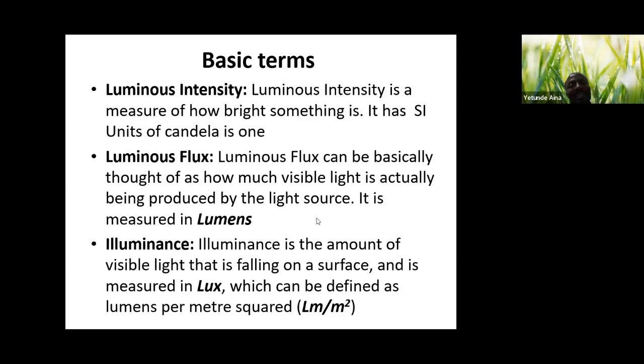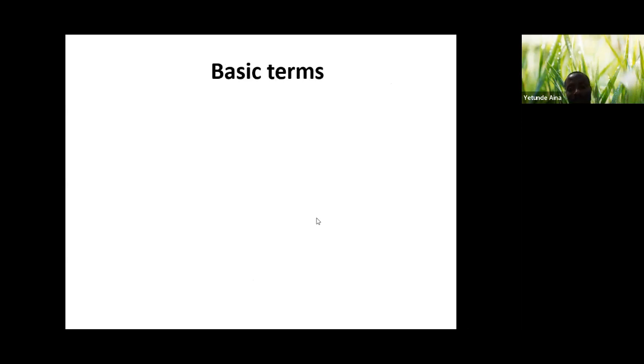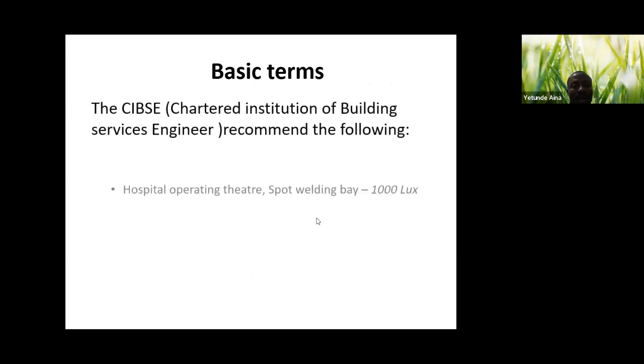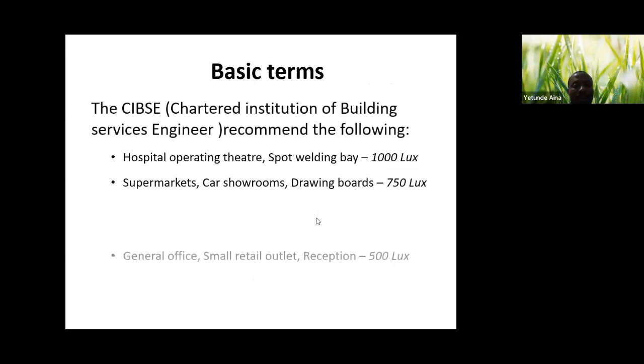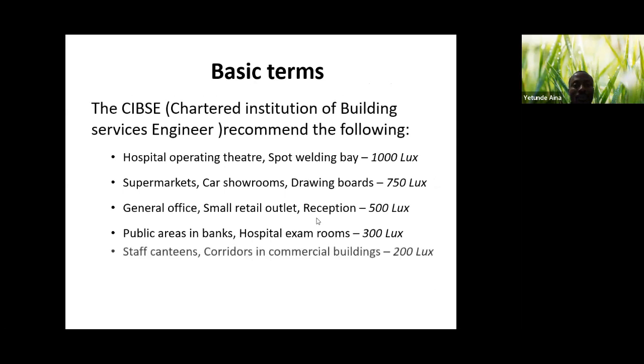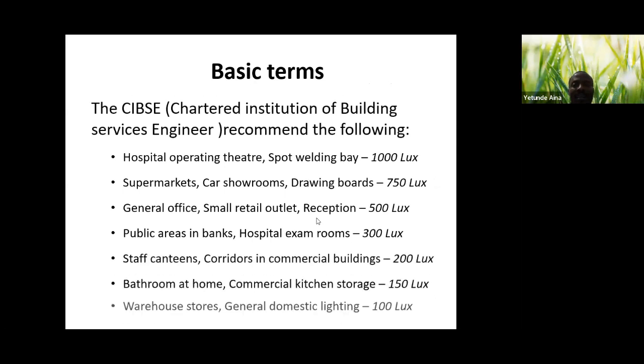Let's take a look at another important term. Here we talk about the recommendation by the Chartered Institution of Building Services Engineers. Now, according to the CIBSE, it is recommended that for hospital operating theater, and also for sports welding bay, the illuminance should be 1000 lux.